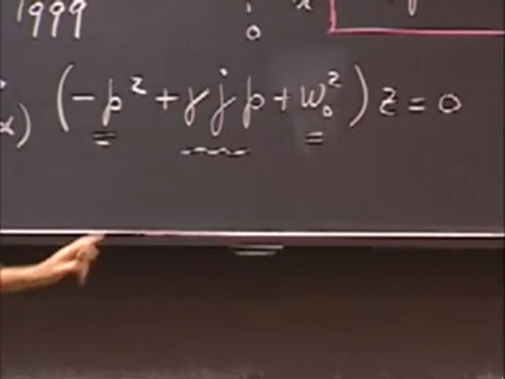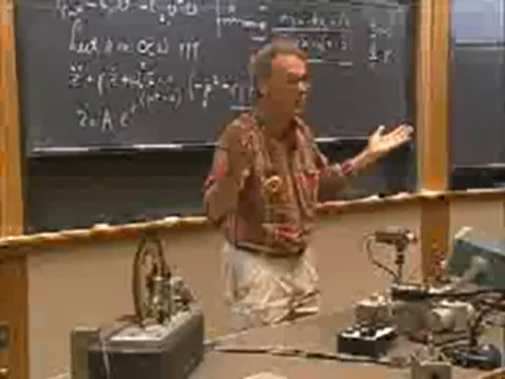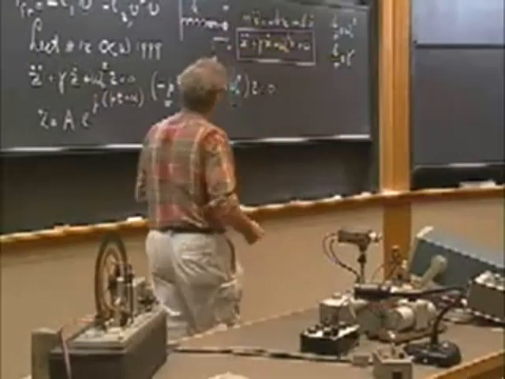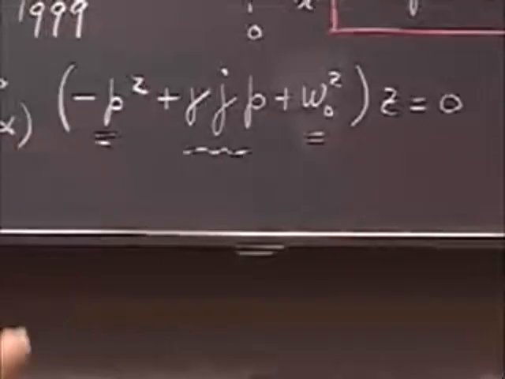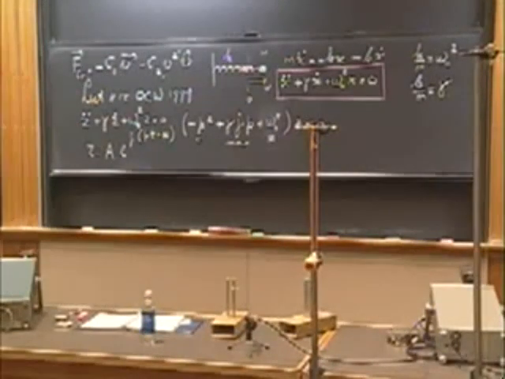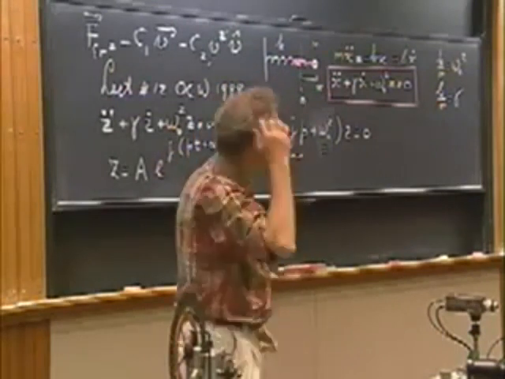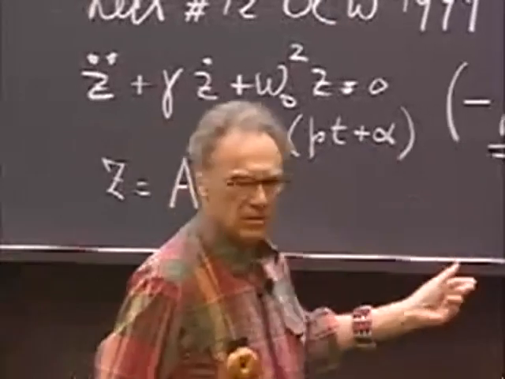Now, if you make gamma 0, you have no problem. There is no damping, so that's ridiculous. If you make p 0, then you no longer have any oscillation going on, because you smell that pt is going to be the oscillatory thing. So that's also unacceptable. And so this won't work.